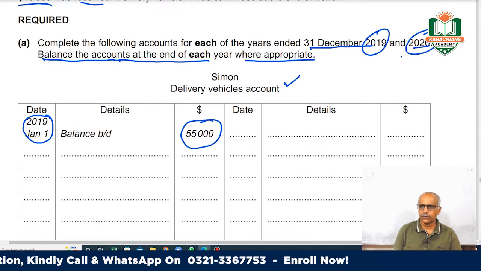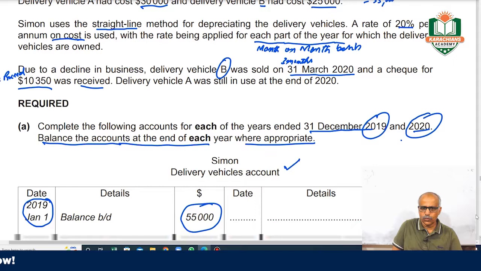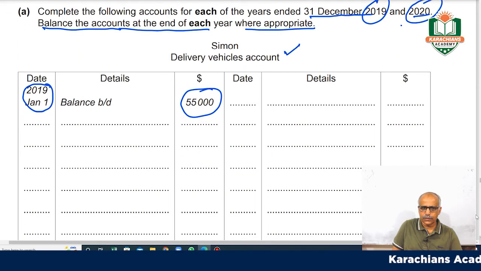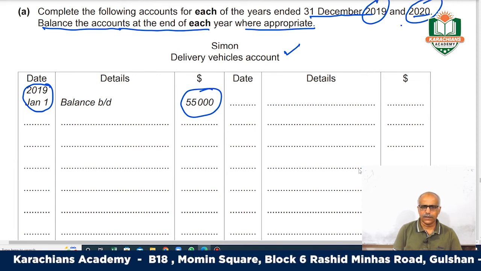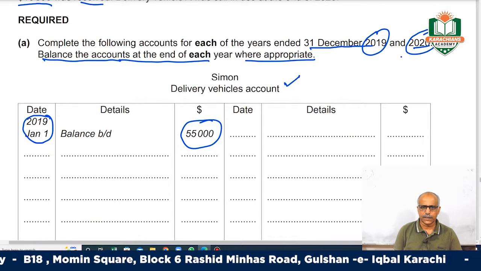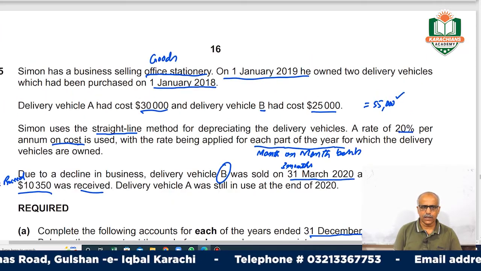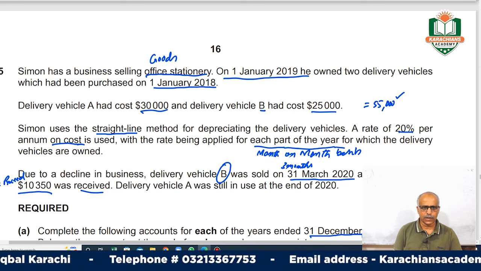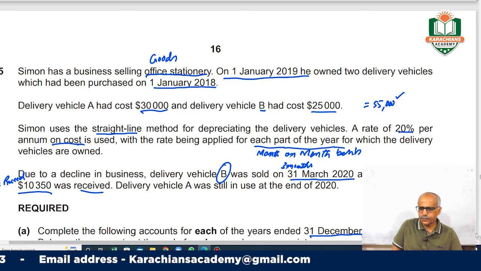Actually space is very low, so we can make the account here, no issue. At least the delivery vehicle account we can maintain here, because space is not there, otherwise I could have made all the accounts there.